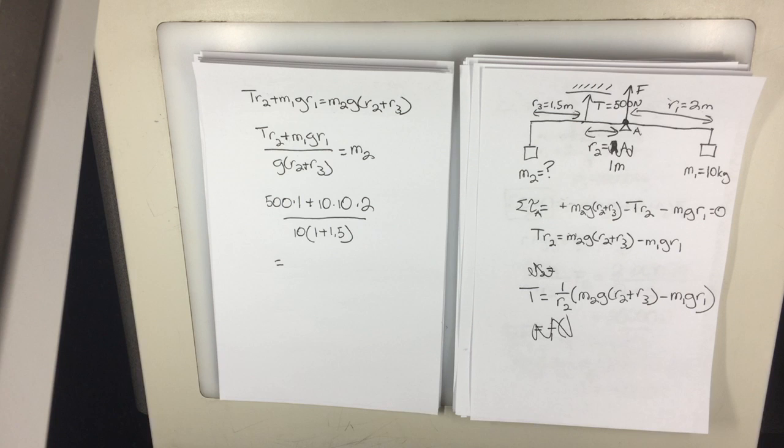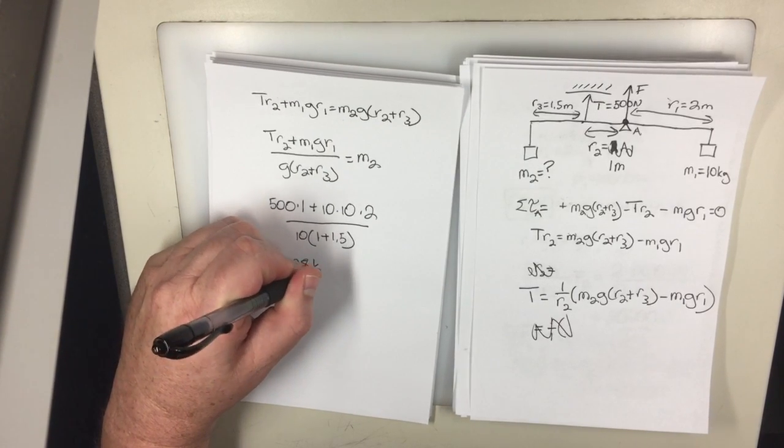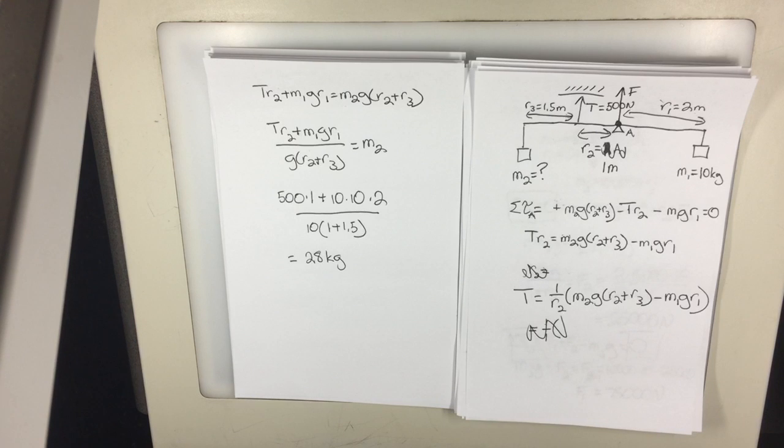Minus, okay, whatever. Divided by 25. And I get 28 kilograms. Yeah, okay. So it's 28 kilograms.